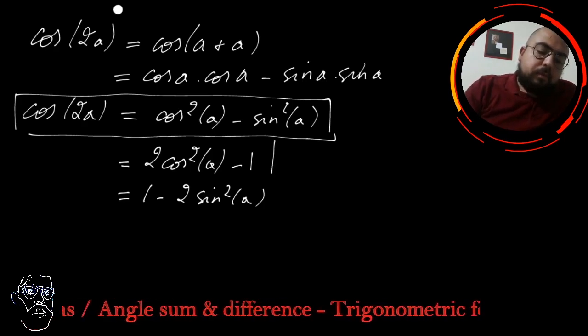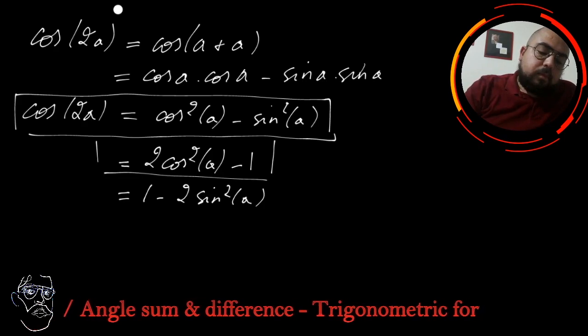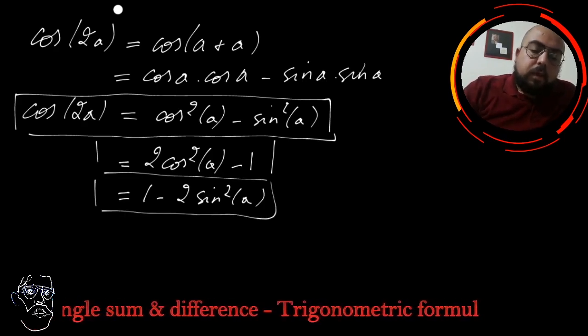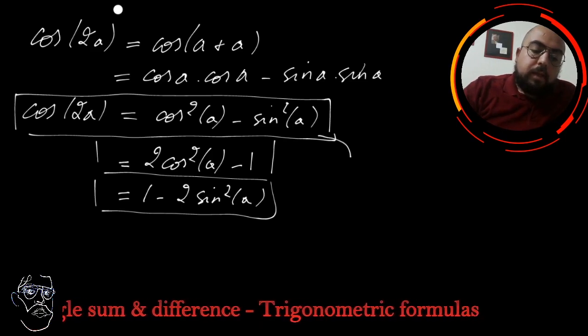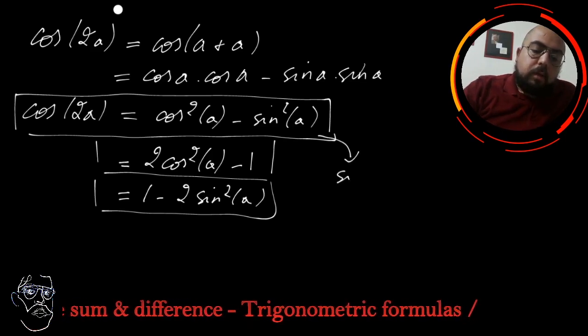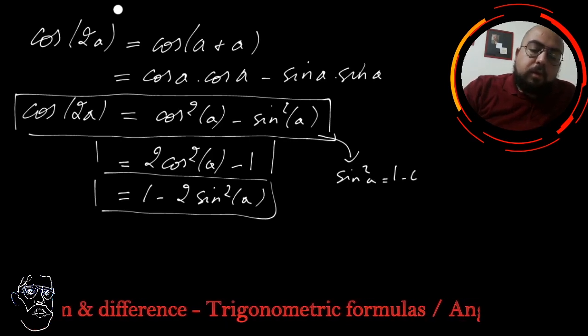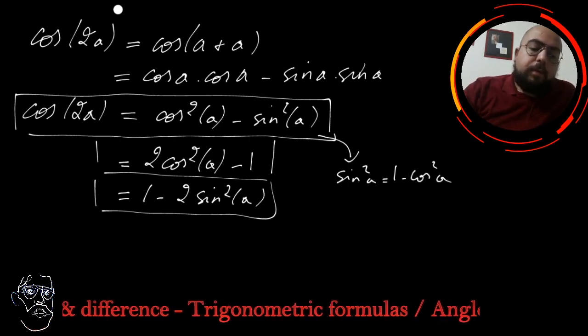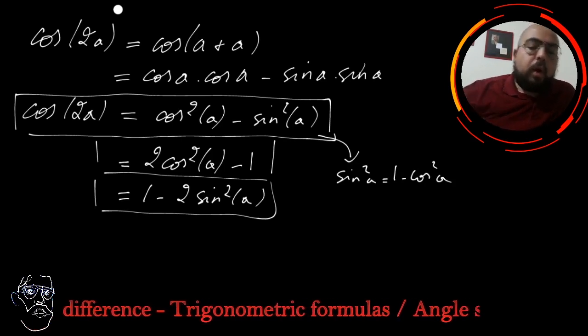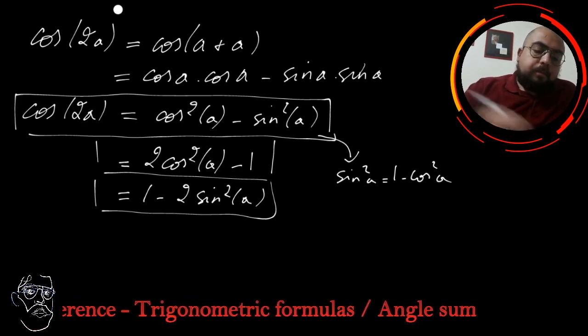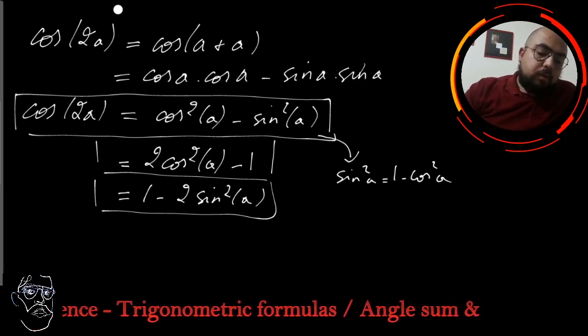So simply you will have to remind yourself that I was able to replace sine squared A by 1 minus cosine squared A, or I replaced cosine squared A by 1 minus sine squared A. That's all I did. What about sine of 2A?